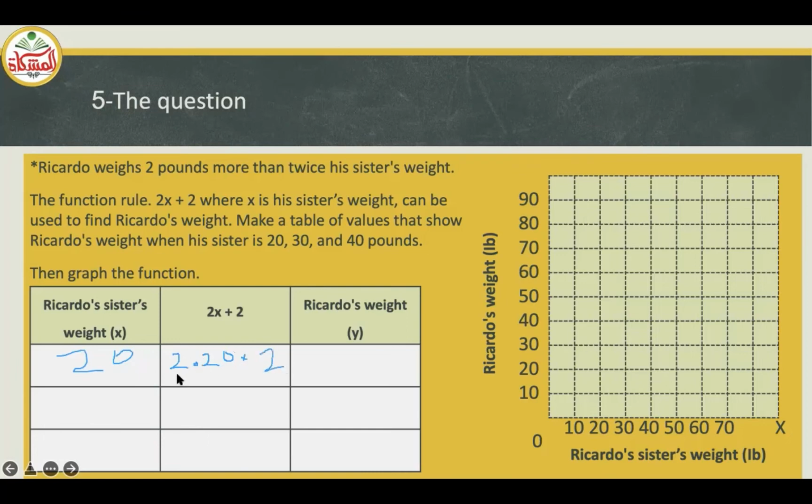Okay, 2 multiplied by 20 equals 40, plus 2 equals 42.